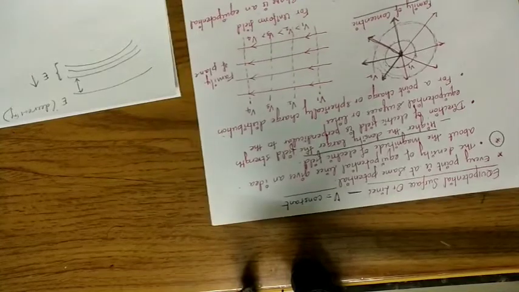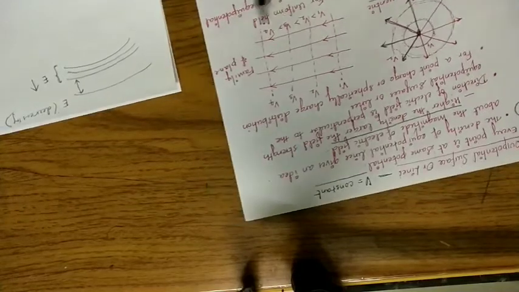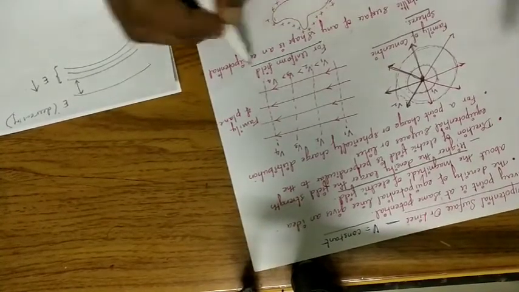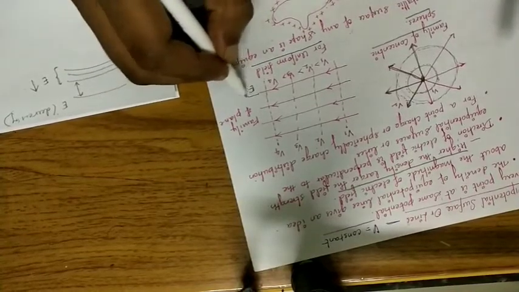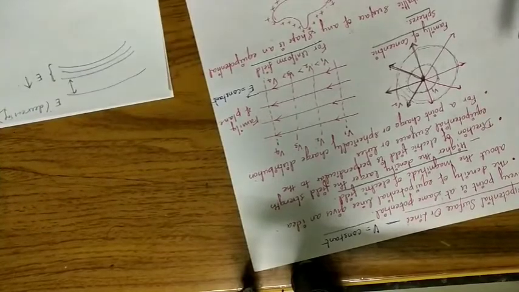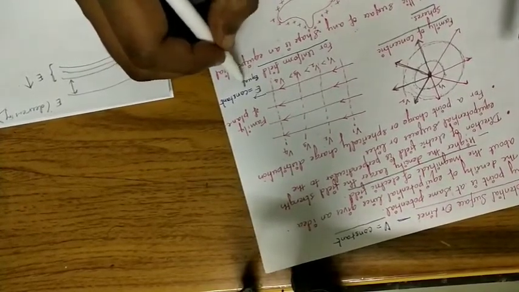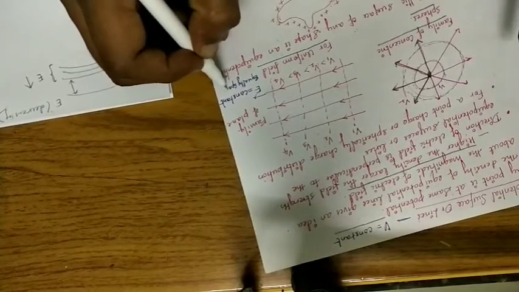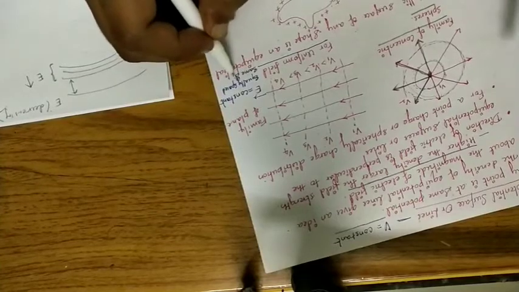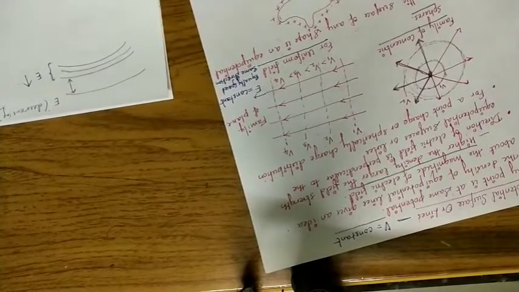Next, students, for a uniform field: what is a uniform field? We learned that the electric field value is constant everywhere. How do you define a uniform electric field? The field lines are equally spaced and in the same direction.